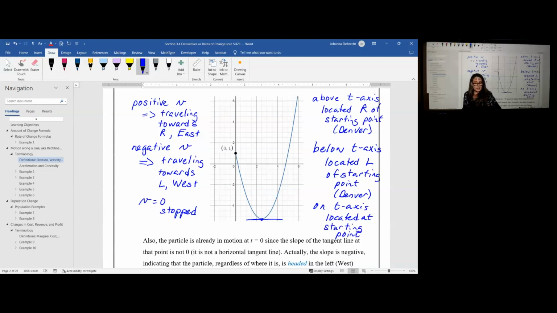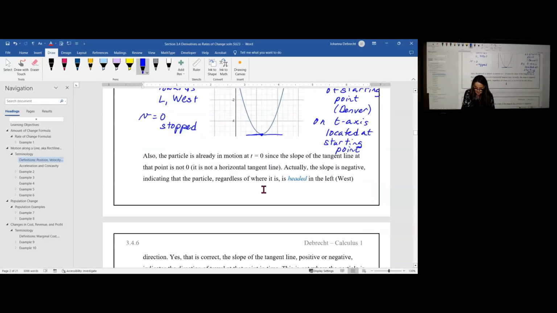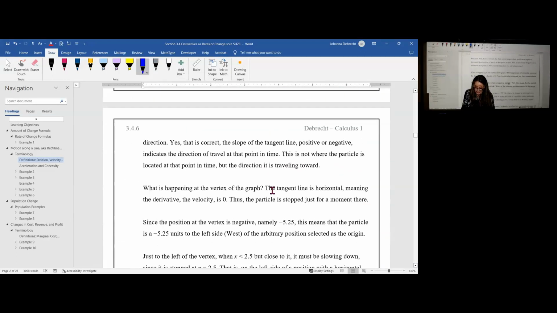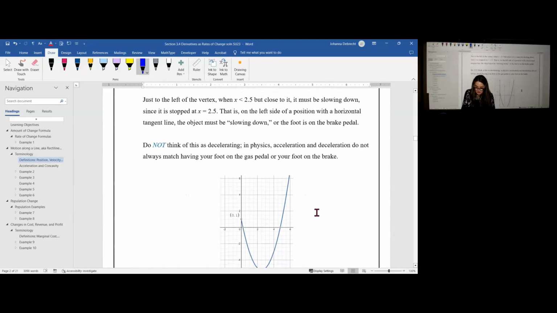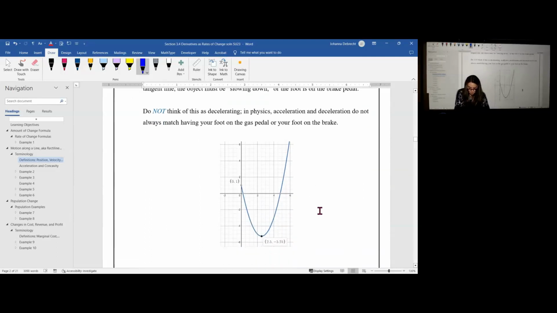All right, let's now take a look at another part of this particular situation, and let's talk about whether the car is speeding up, slowing down, accelerating, or decelerating. Now, when we're looking at the graph, we have a vertex at about 2.5, negative 5.25.